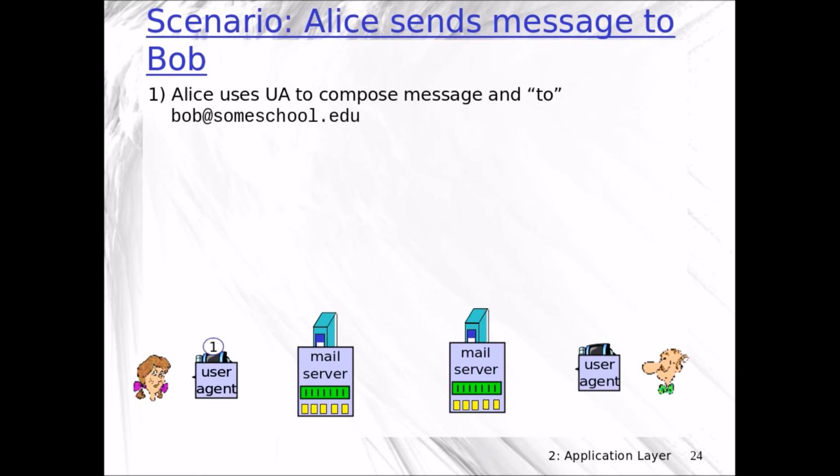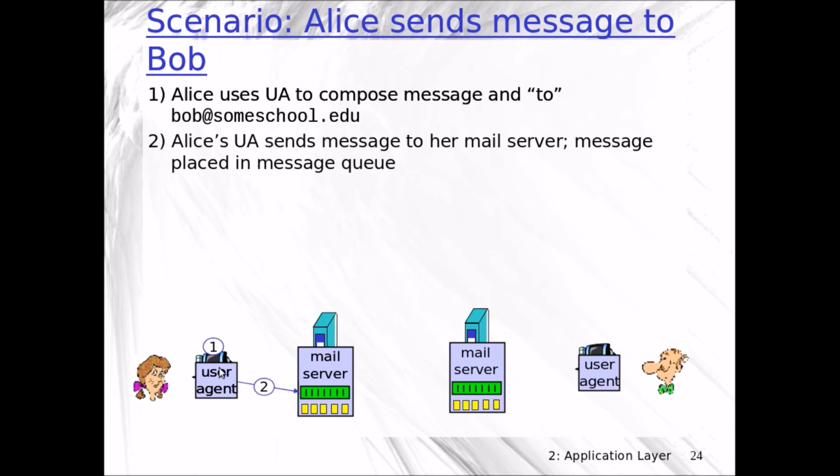Now we have Alice and Bob. Alice sends an email to Bob. What is happening? Alice uses her user agent to compose a message to Bob. Bob's mail ID is bob@someschool.edu.